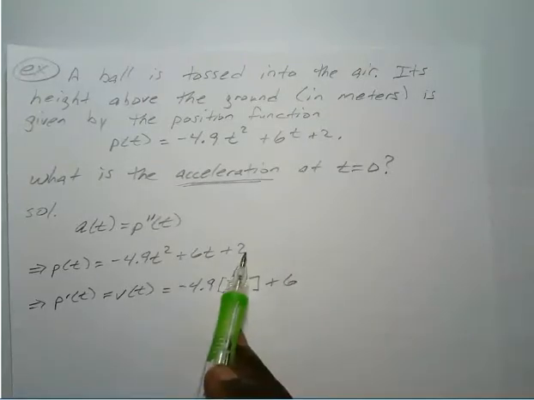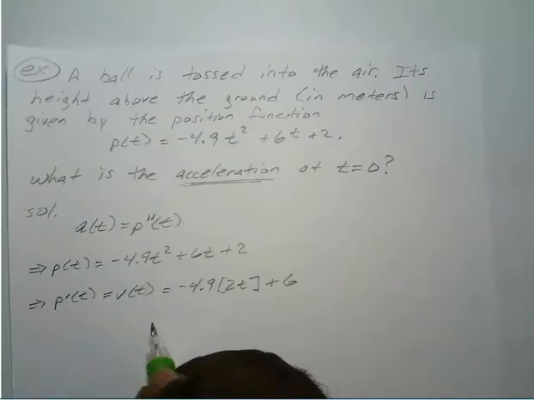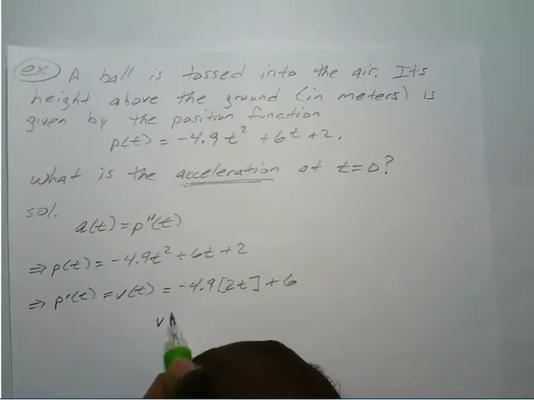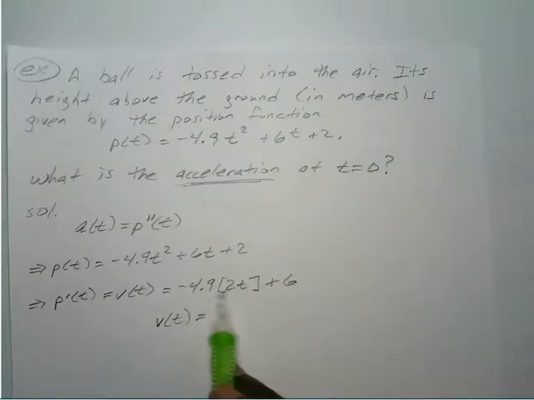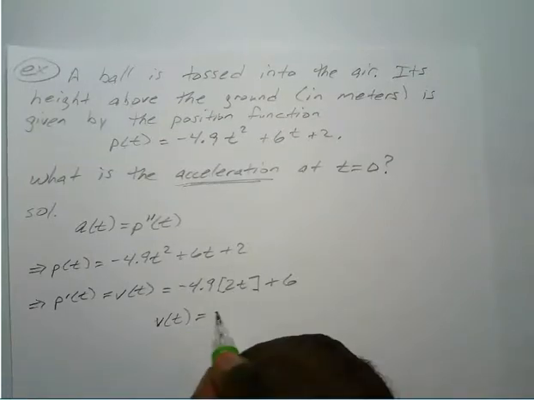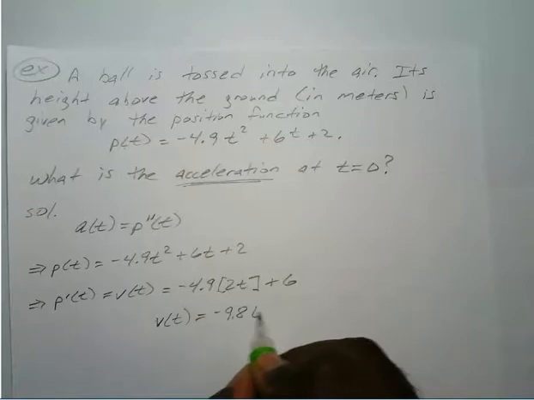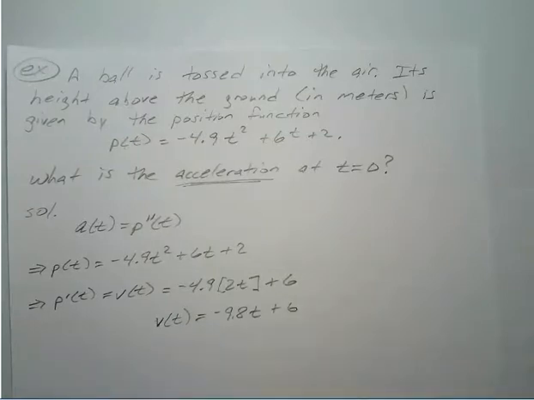And the derivative of 2 is just 0. Derivative of a constant, always 0. So that means your velocity function is equal to negative 9.8, negative 4.9 times 2, t plus 6.